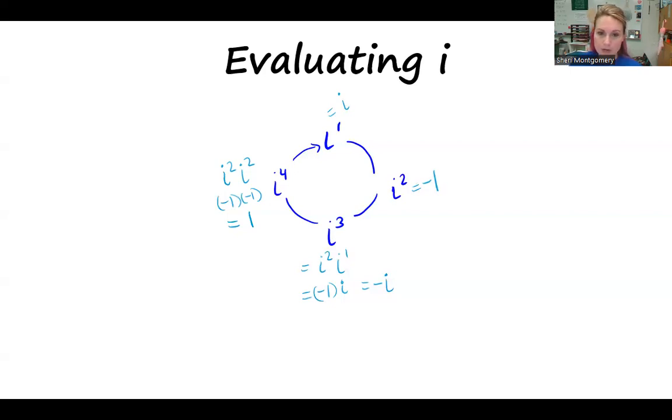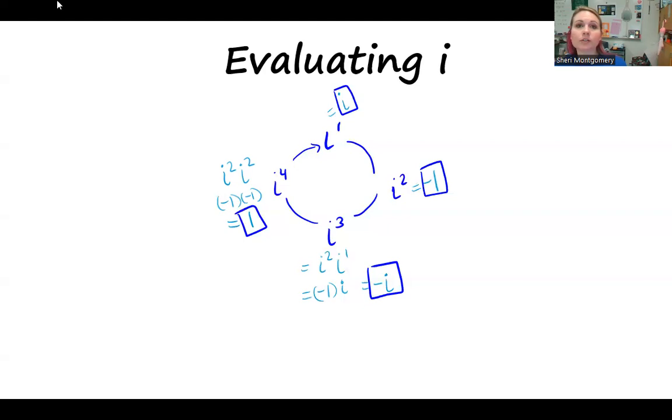I to the first power is I, I to the second power is -1, I to the third power is -I, and I to the fourth power is 1. You can keep going around this circle however many times you need to until you get to whatever the exponent is.